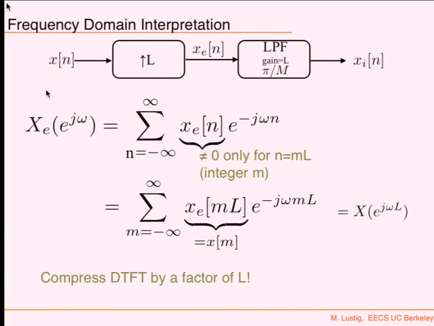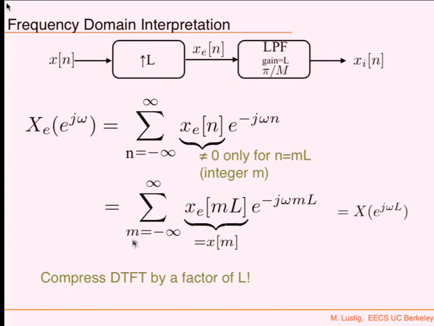So if we try to understand the frequency response of x sub e, which is the expanded version, we can just compute it: the sum from n equals minus infinity to infinity of x sub e of n, e to the minus j omega n. But the expanded signal only has values every L samples. It doesn't have values everywhere. It's non-zero only for n equals mL, for some integer m.